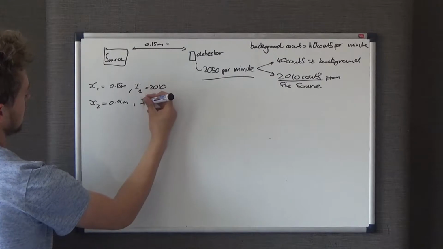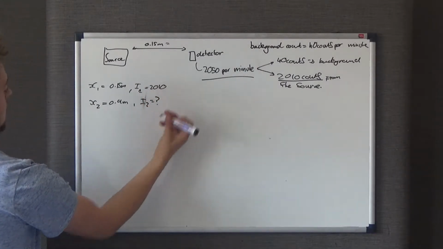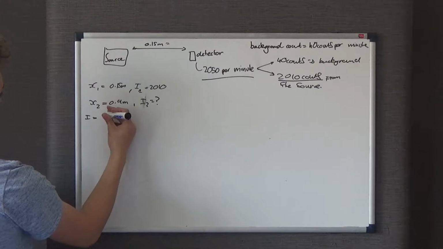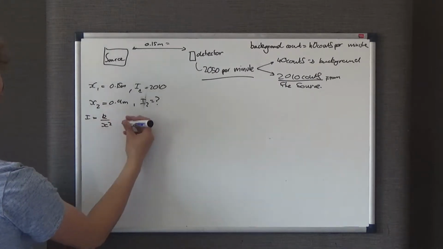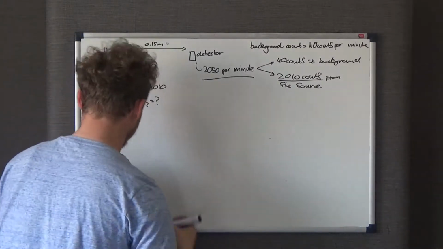I2. Okay, so we're going to be using I equals k over x squared, and comparing the two.